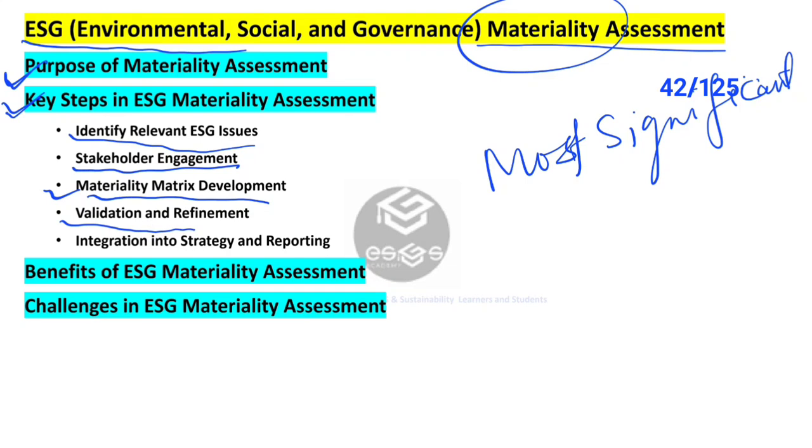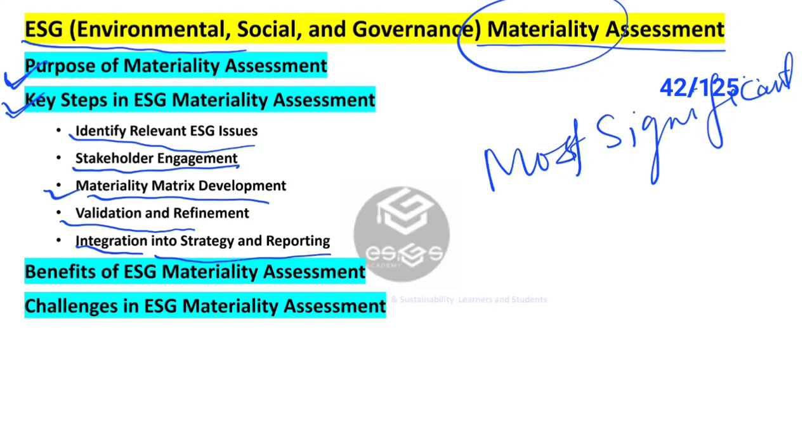Internal validation first. We validate the materiality assessment results with key internal stakeholders, for example executive management and the board of directors. Then external review. We seek external validation or expert review to ensure alignment with industry best practices and stakeholders' expectations. The last step is integration into strategy and reporting.